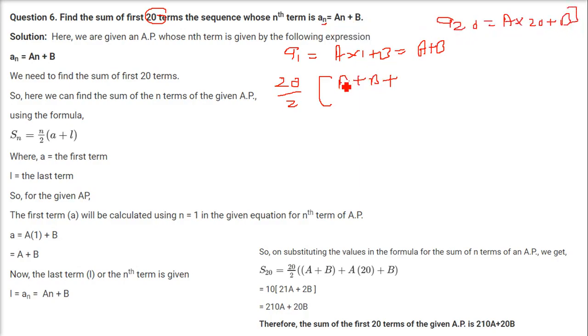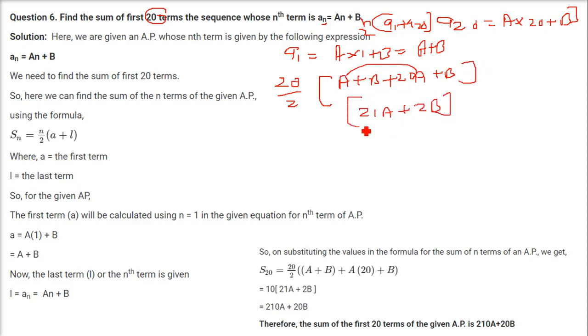So a plus l, that is a1 plus a20, you have to find out. n by 2, where a is a plus b and a20 is 20a plus b. So this will be 21a and this will be 2b. Nothing we can take out. So 10 into (21a plus 2b), which is 210a plus 20b. This is the result.